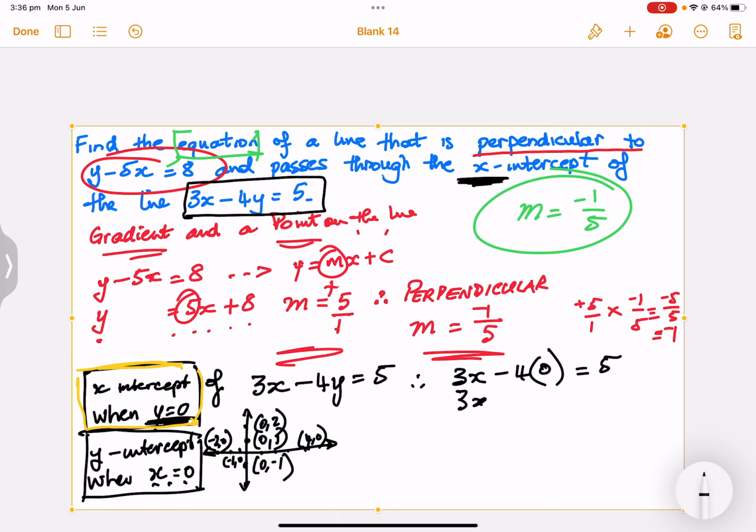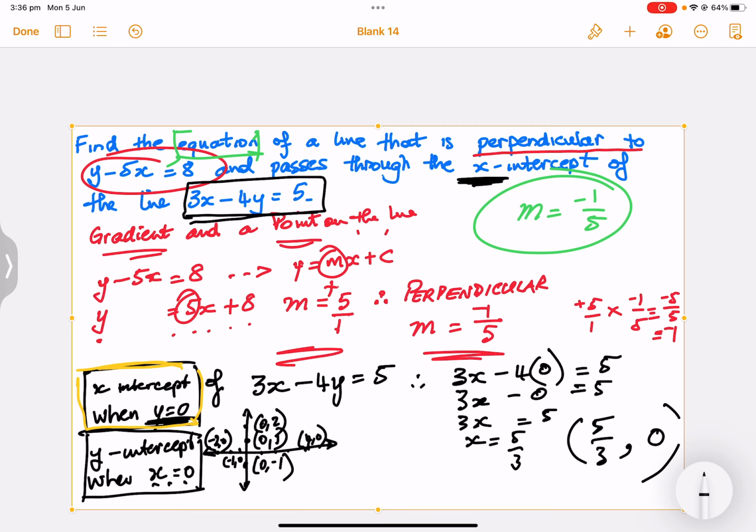So 3x minus 0 equals 5. So 3x equals 5. And therefore, x equals 5 over 3. Now that's the point. 5 over 3, 0. There it is on the x-axis. This line crosses at 5 over 3, 0, and this green equation is also passing through that point.